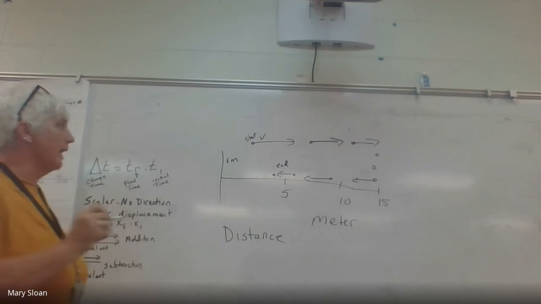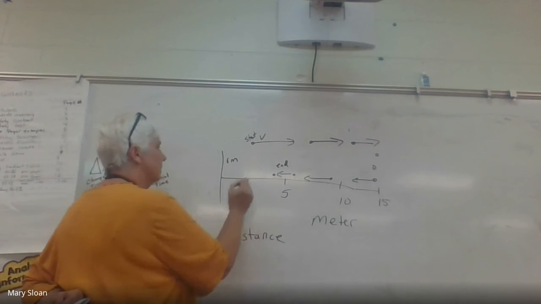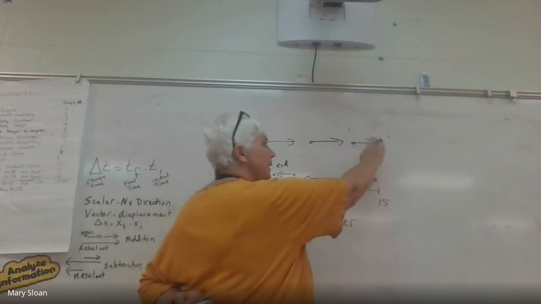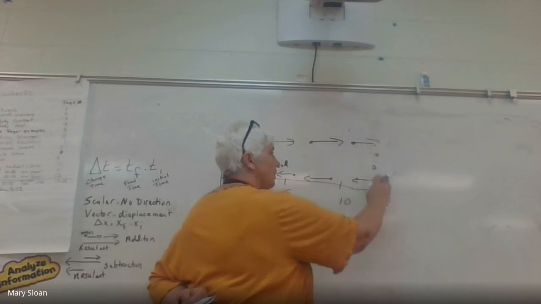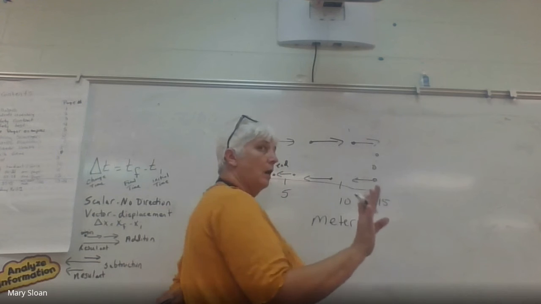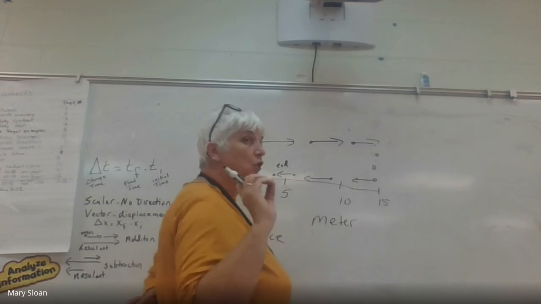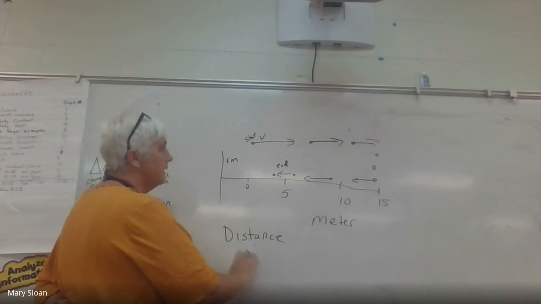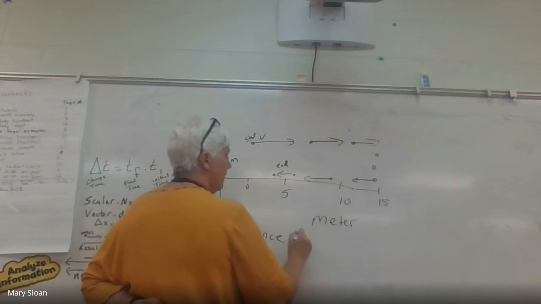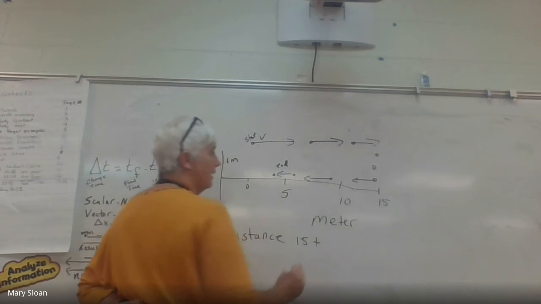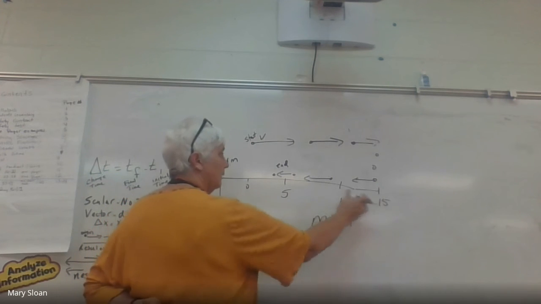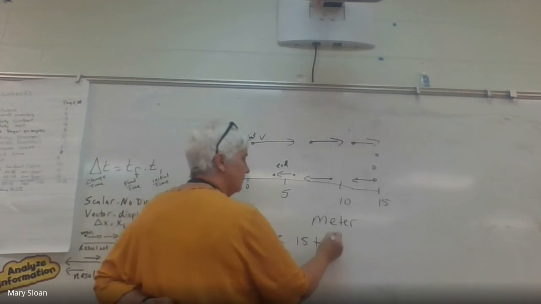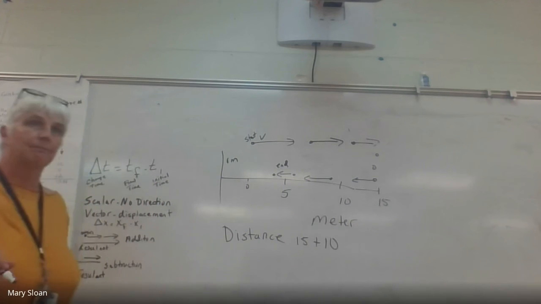So they started at 0, right? They went 15 meters. But we're talking just the distance traveled, not the displacement, remember? So for distance, I'm going to say 15 plus 10, correct? Do you see it?